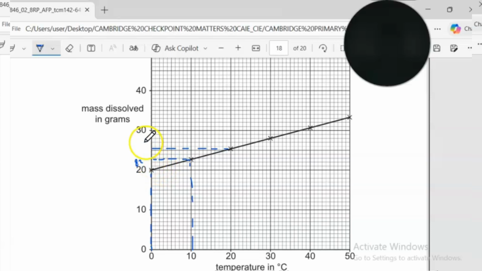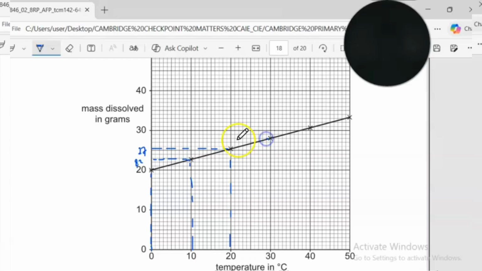At 27 grams, he recorded 20 degrees centigrade of temperature rise.